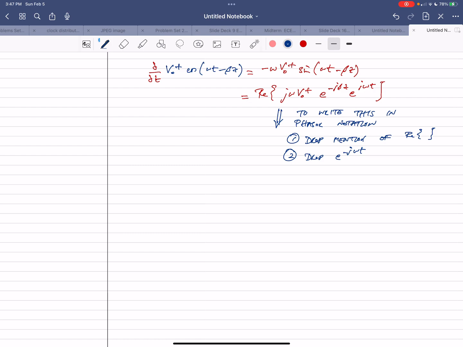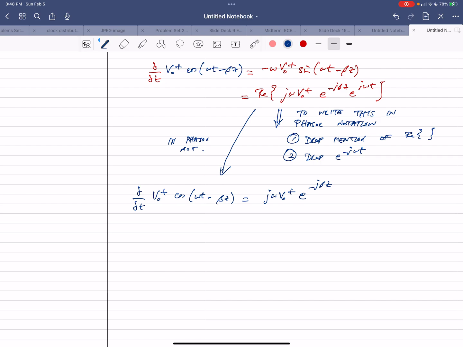And so in phasor notation, this derivative, the derivative with respect to t of V0 plus cos of omega t minus beta z, is just going to look like j omega V0 plus e to the minus j beta z.